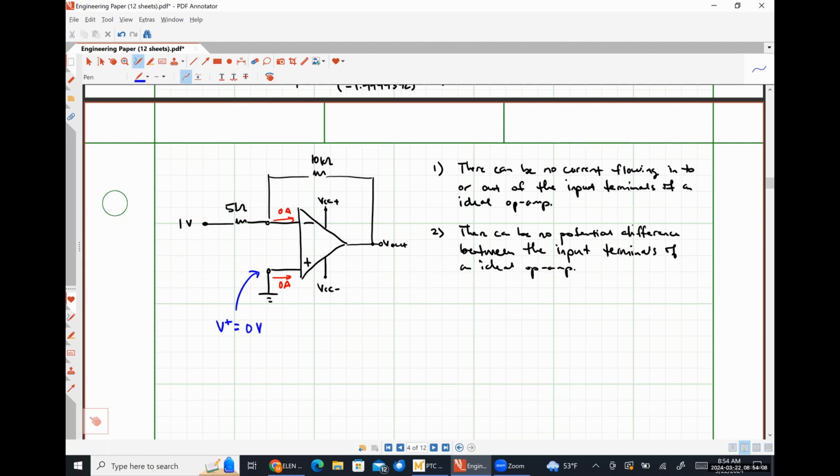Then I apply ideal op-amp rule number 2, which tells me that the voltage at the inverting input terminal must also be 0 volts.